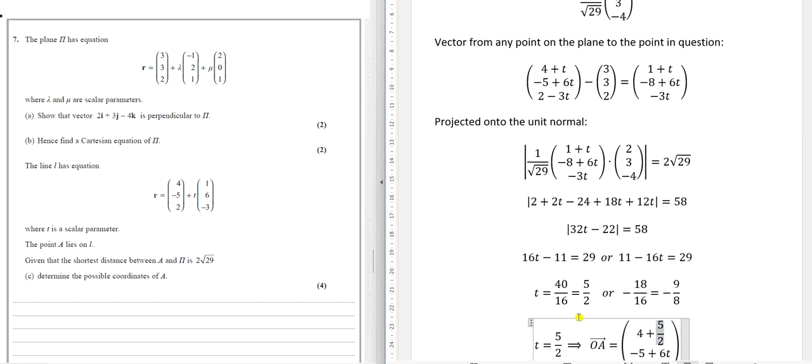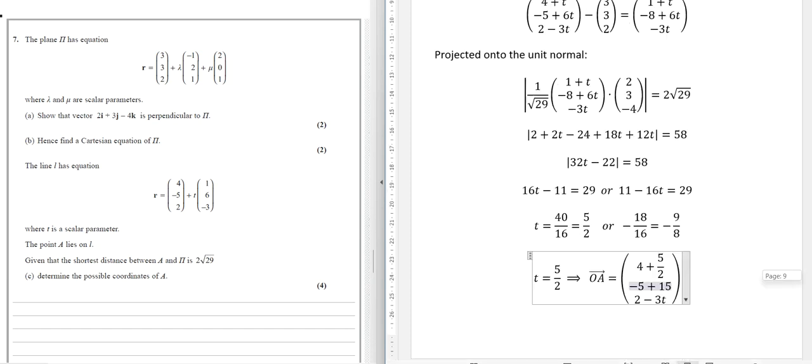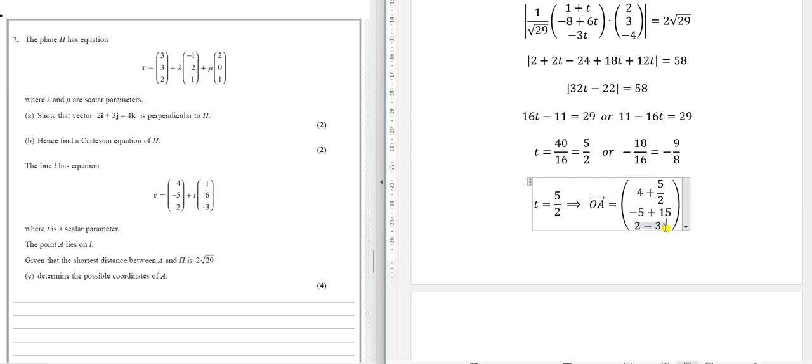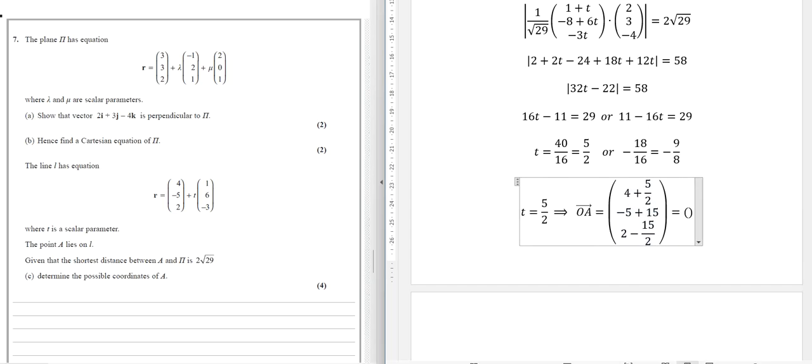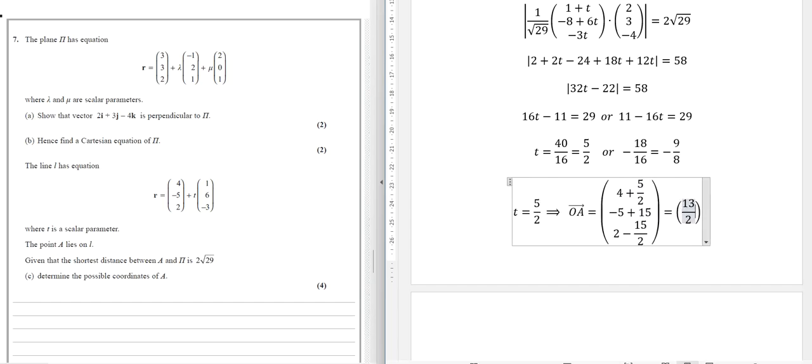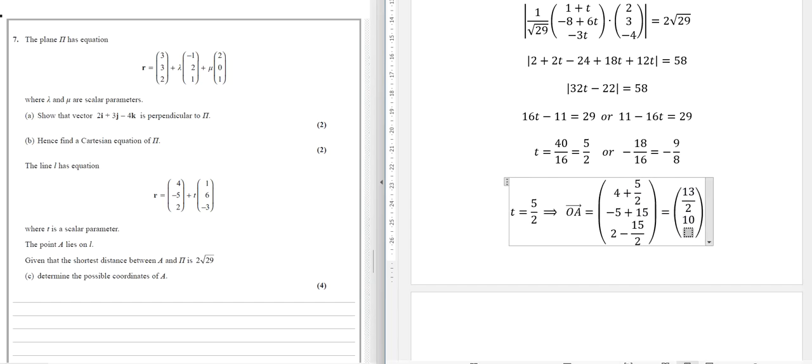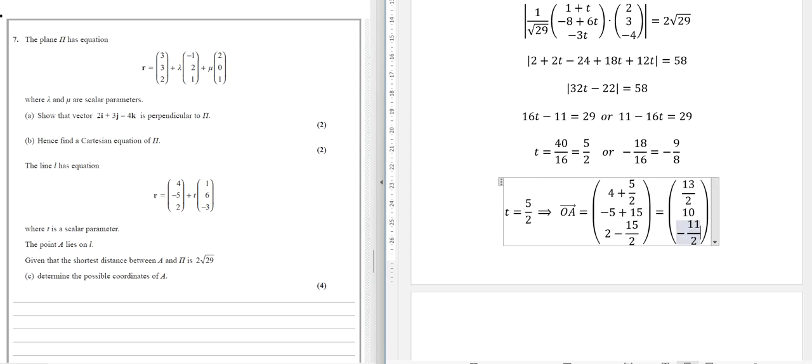Putting 5 over 2 everywhere we see that, 5 over 2 times 6 is 5 times 6 over 2, 15 over 2. So 8 and 5, 13 over 2, minus 5 and 15 is 10, and 4 minus 15 is minus 11.